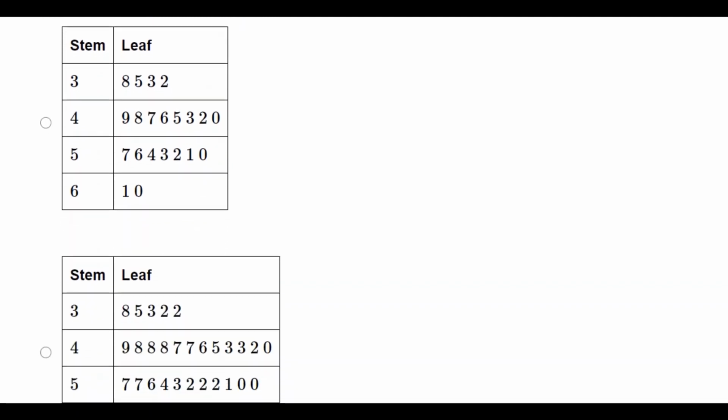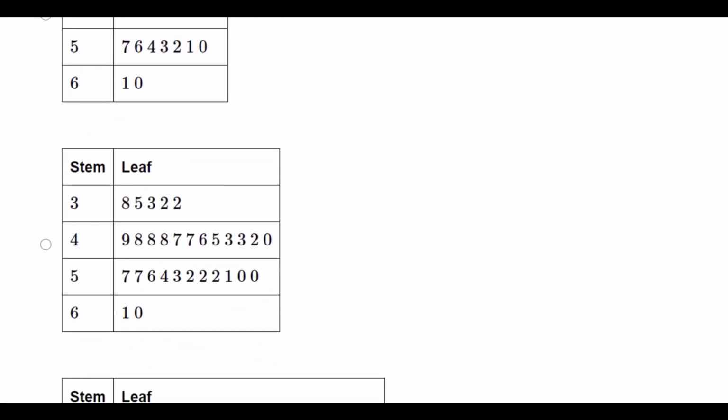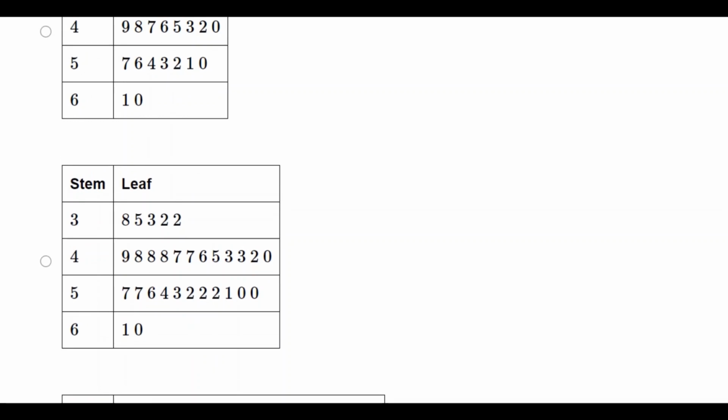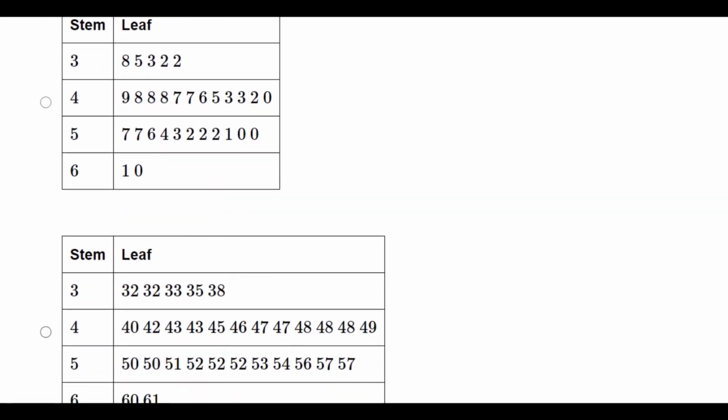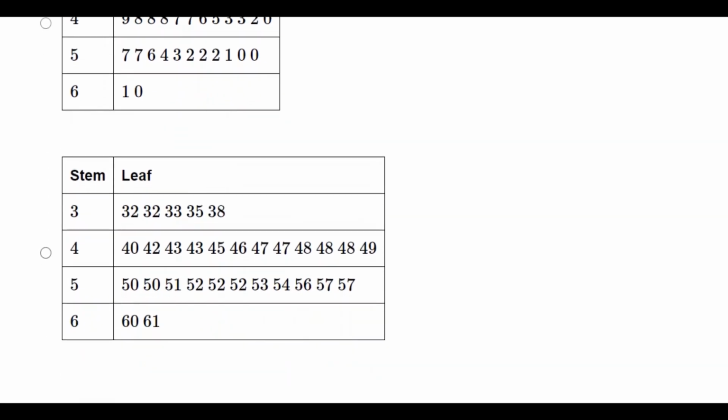In the last choice, probably it is very clear to see that the order is missing, even if the repetitions are there. And sorry, this was the second last choice. The last choice is even worse. So because the stem is coming in the stem column, but then stem is coming again in the leaf column, which is not permitted.